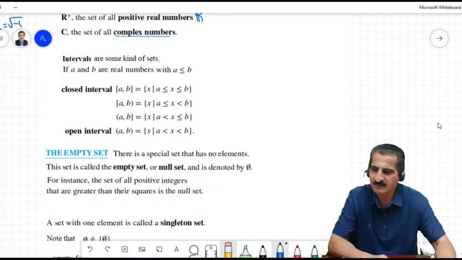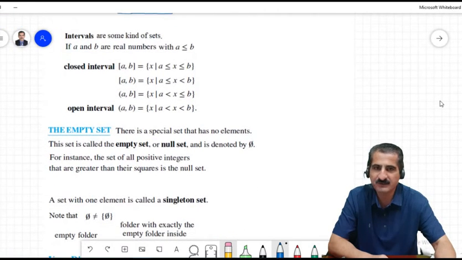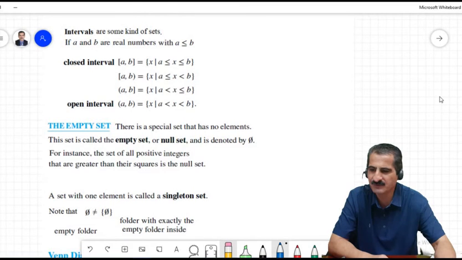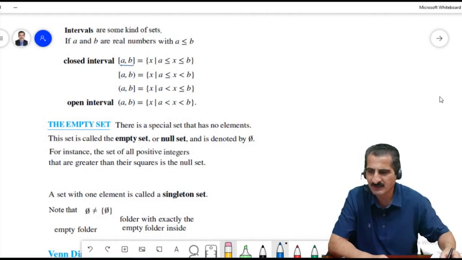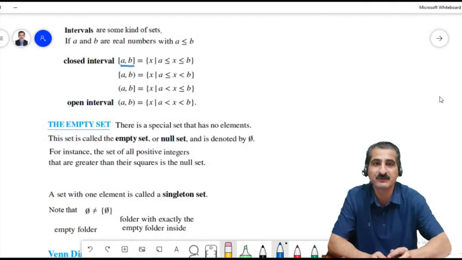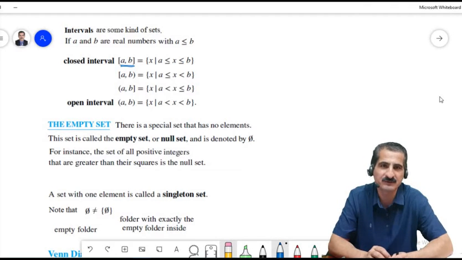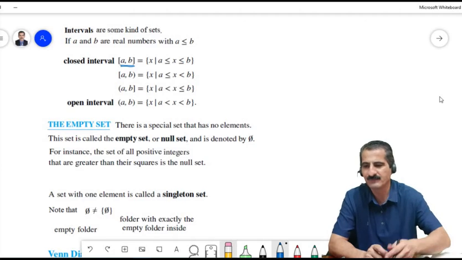Some other kinds of sets are intervals. You have seen intervals before, either a closed interval, and you know what that means: all numbers greater than or equal to a, and less than or equal to b.